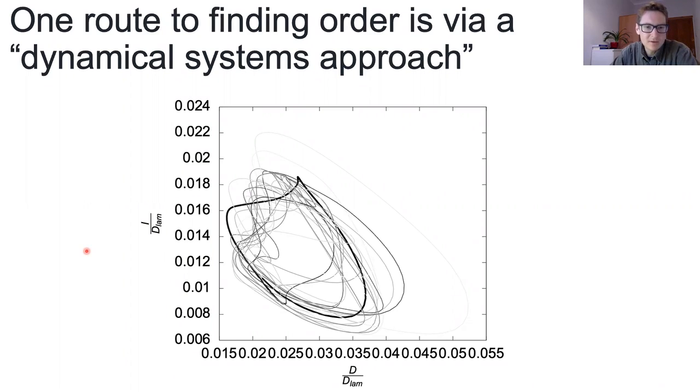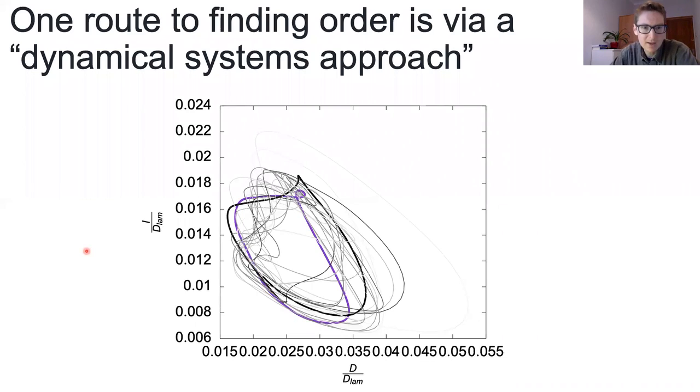What we consider the possibility of is that this is a close approach or a shadowing of an underlying unstable periodic orbit embedded in that chaotic attractor. And here is one such orbit that the black curve is shadowing.